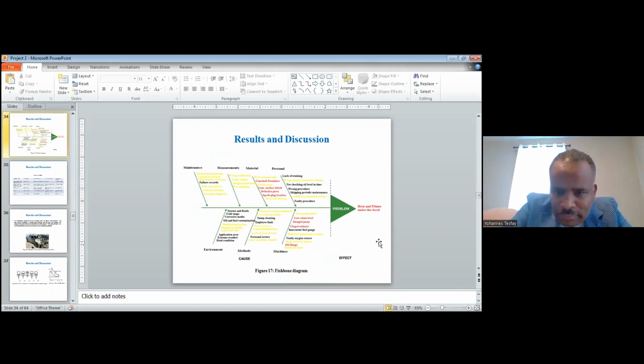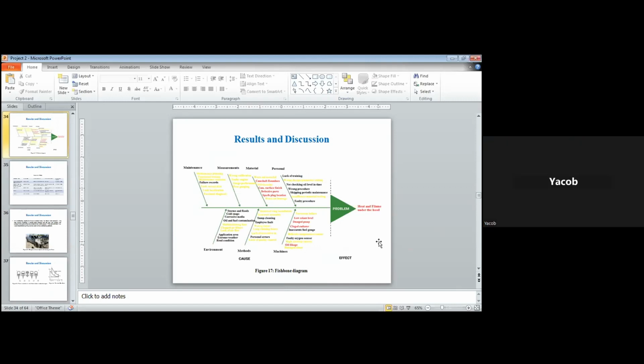Okay. And then, having this background on how it works, we try to build the fishbone diagram based on the different contributors to the problem. So maintenance, measurement, material, personnel, environment, methods, and machines are the inputs for this fishbone diagram that we use.